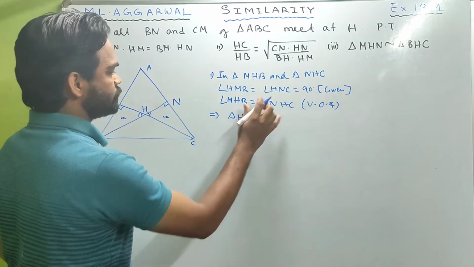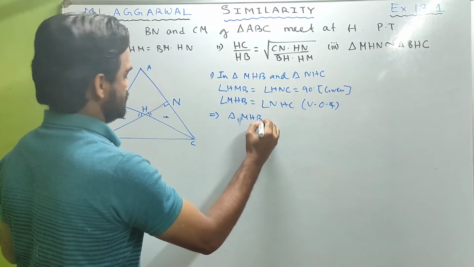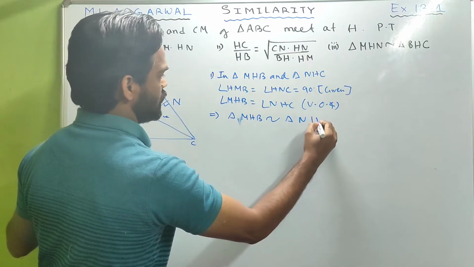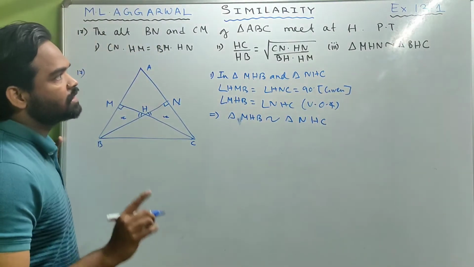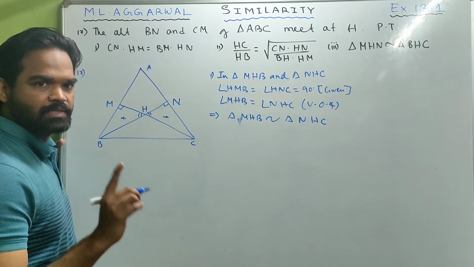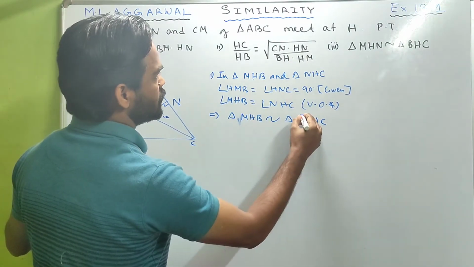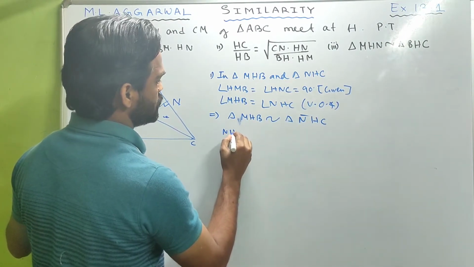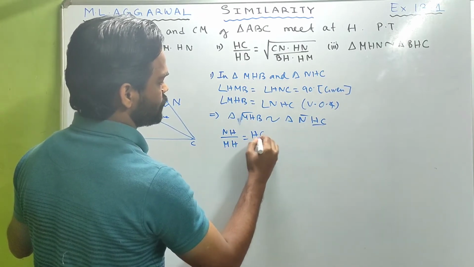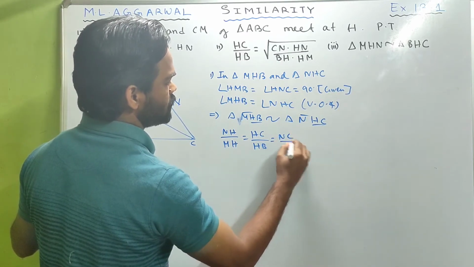Triangle MHB is similar to triangle NHC, M corresponds to N. Now once they are similar, the corresponding sides are proportional, which means I can write NH by MH is equal to HC by HB is equal to NC by MB.